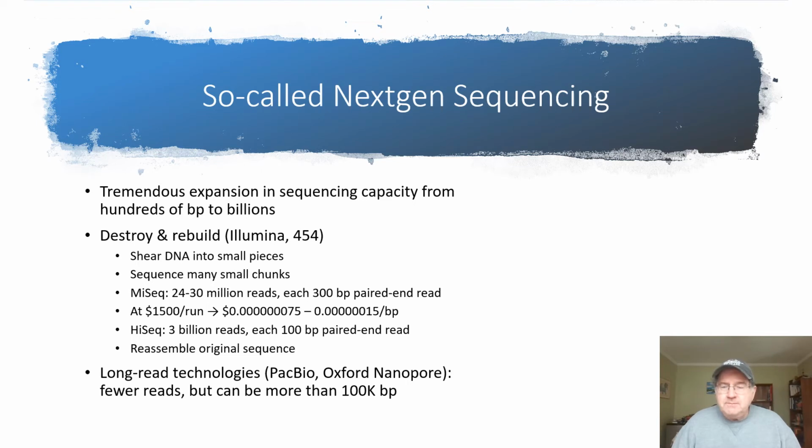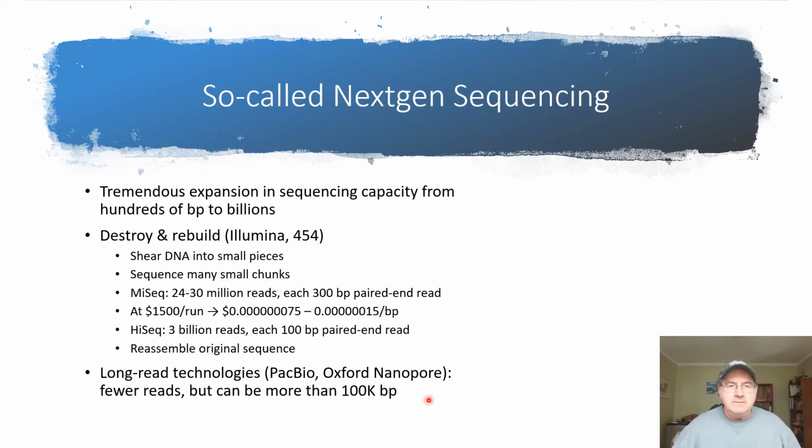What most people recommend is a hybrid approach, where you take advantage of Illumina's higher accuracy in their reads along with the longer reads of something like Oxford Nanopore, and then you combine those two things and use the Oxford to scaffold your Illumina reads and get the best of both worlds in that process.